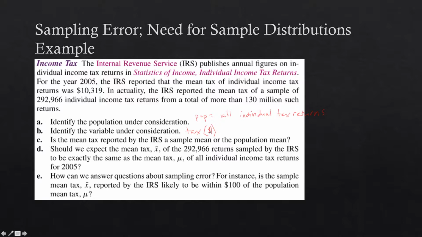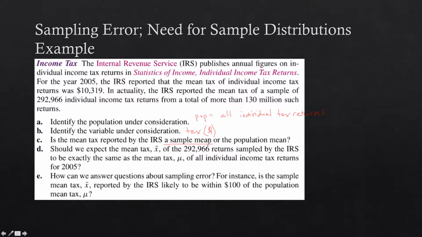Is the mean tax reported by the IRS a sample mean or a population mean? Well, this is a sample mean. Why do we know that? Because they didn't do it out of the whole population of 130 million. They just sampled 292,966, so that makes it a sample mean.